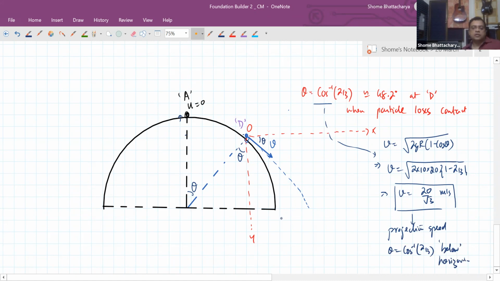Okay. So now the particle is going from that point, which we are taking as the origin of our new coordinate system, and it's hitting the ground somewhere over here, the point I'm trying to show below.